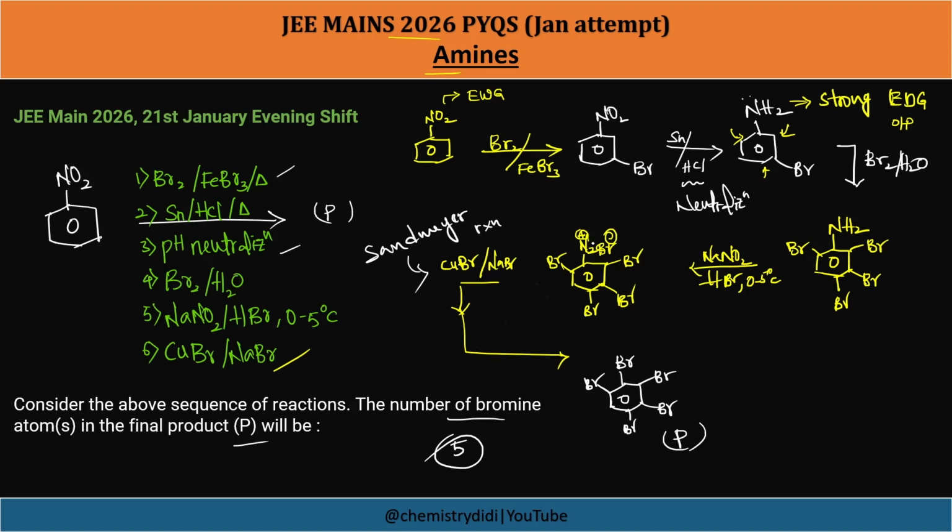So this N2 plus and Br negative group will get substituted with bromine. If they had given chlorine over here, this group would be substituted with chlorine. Okay, so this is how you need to solve. And finally we have got the product P. Then they were asking for the number of bromine atoms in the final product, so you can count. There are 5 bromine atoms in the final product P. So this is how you can solve it.